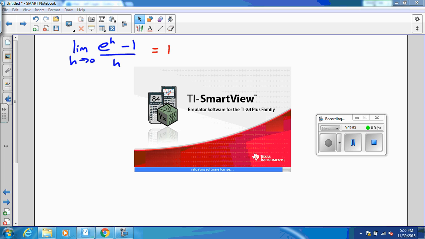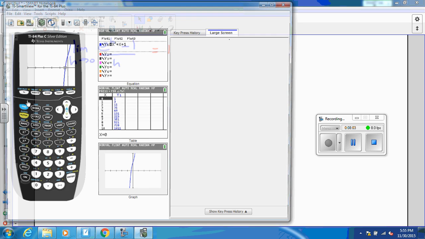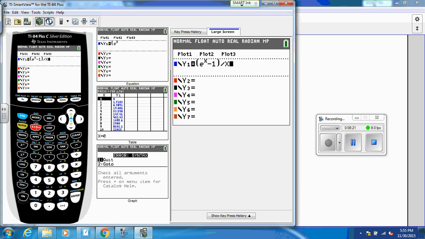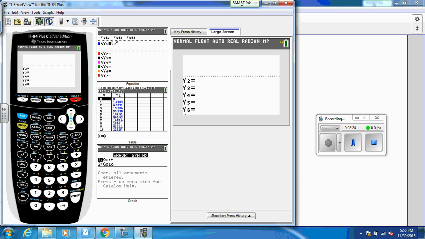Let's check that. I'll pull up my calculator. Wait for just a moment for it to validate the software license. And we'll let y equal e to the x minus 1, all of that over x.